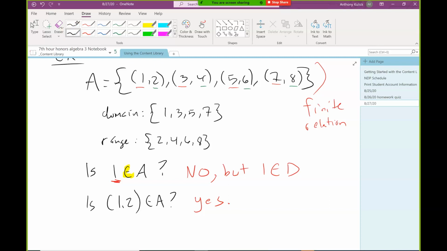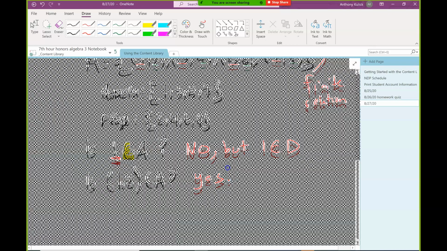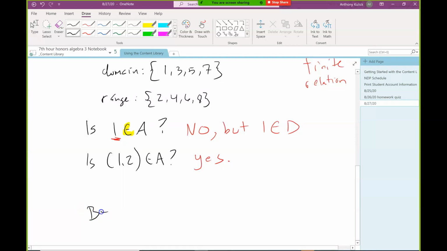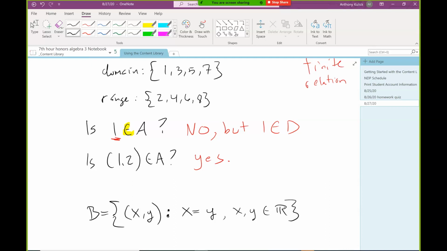It's just going to be a list, right? The infinite ones can be a little bit trickier. So here's an example of an infinite relation.